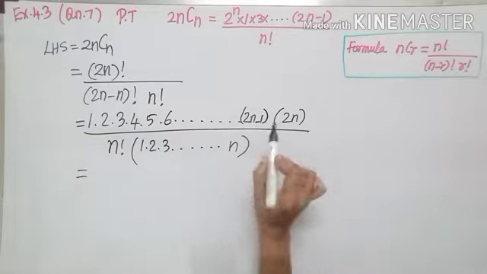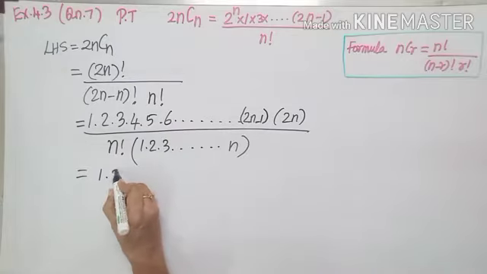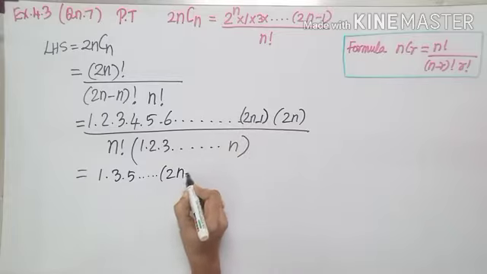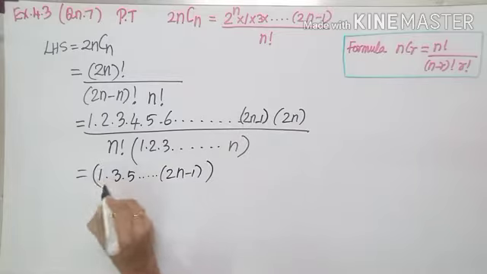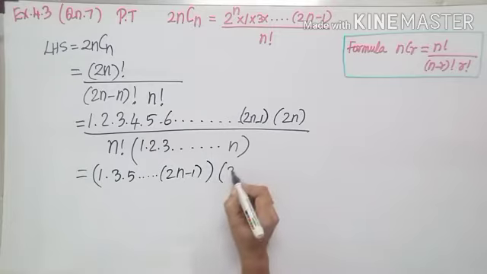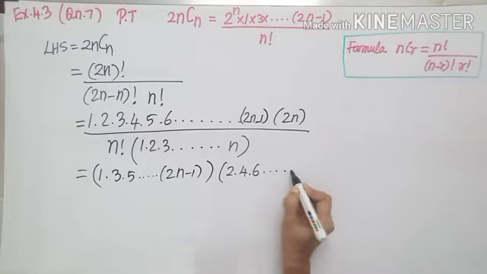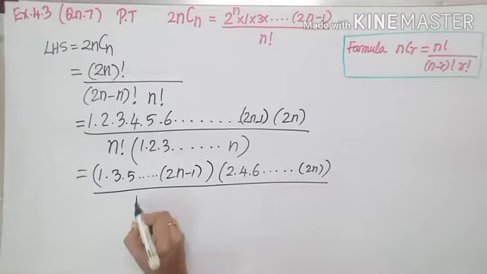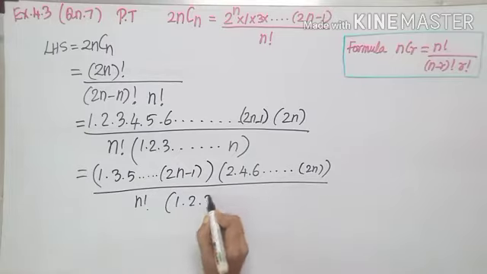So combine all the odd numbers: 1, 3, 5 and so on up to 2n minus 1. Combine all the even numbers: 2, 4, 6 up to 2n. The denominator we have n factorial into 1, 2, 3 up to n.